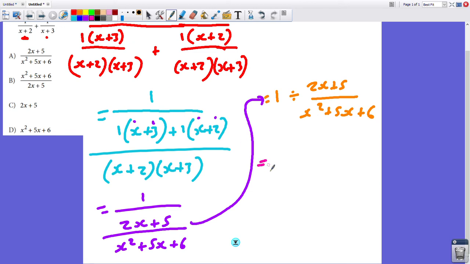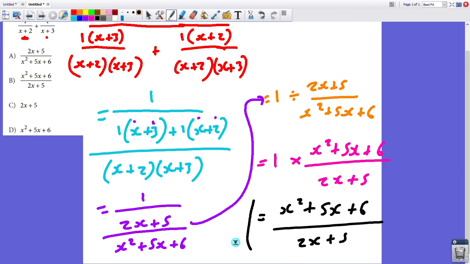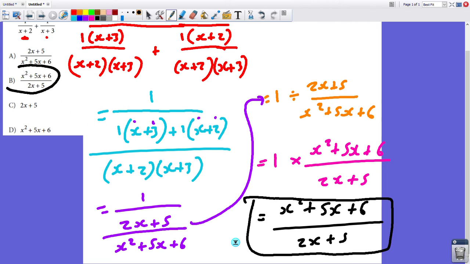I'll keep the 1, I'll change the divide into a times, and I'll flip the fraction to make it x squared plus 5x plus 6 all over 2x plus 5. And then we could just ignore that 1 times by, just to leave it as x squared plus 5x plus 6 all over 2x plus 5. That's the final answer, and that is option letter B.